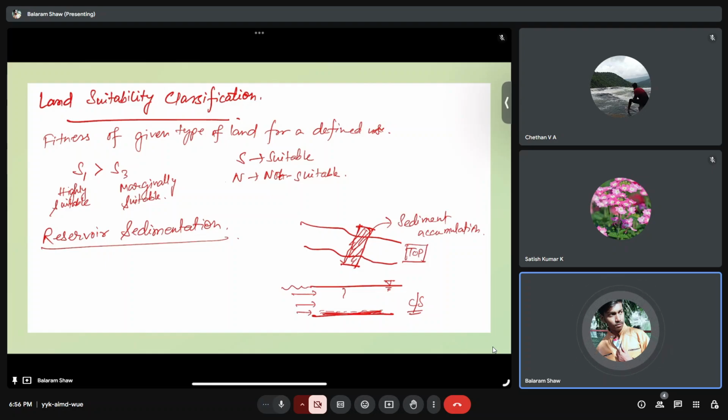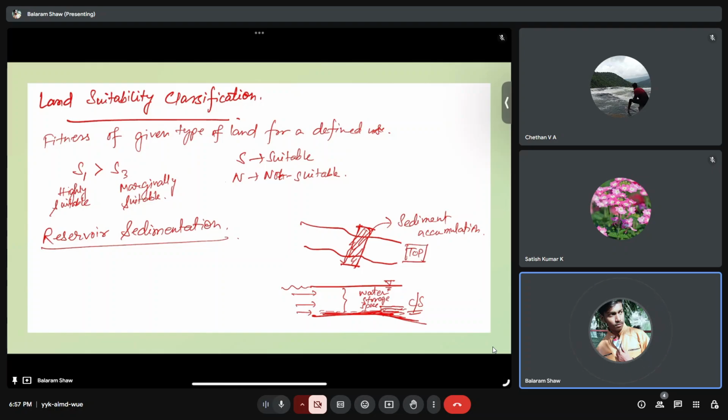So the flow will be only this much. Now if you go more downstream, it might be possible that the sediment is still here, like a slope, something like this. So it will create a situation in which the water storage capacity will be less, because sediment will occupy those water storage spaces. So this is the water storage space, correct?